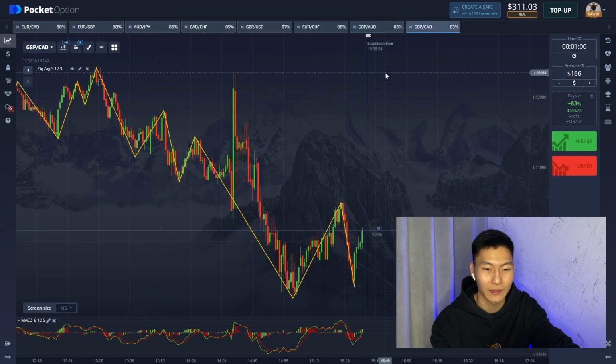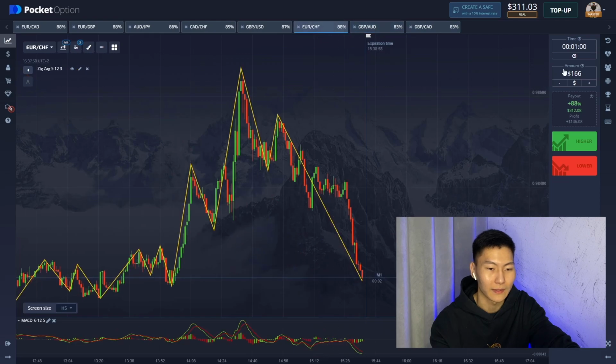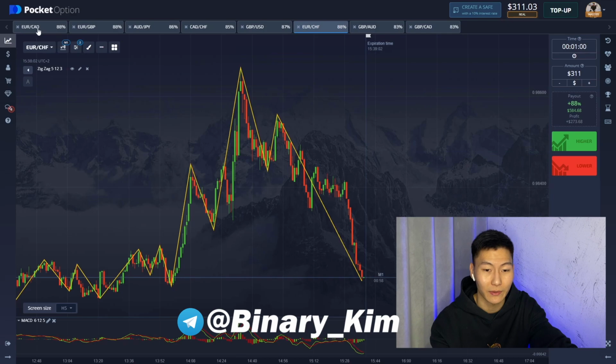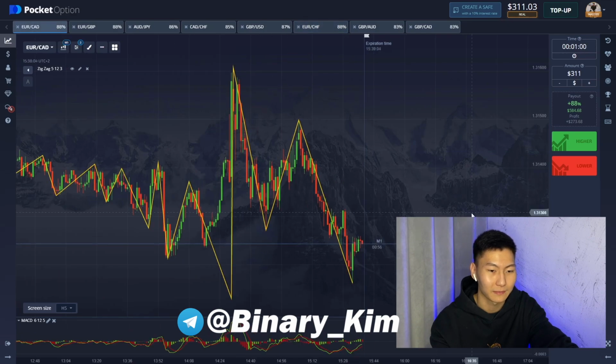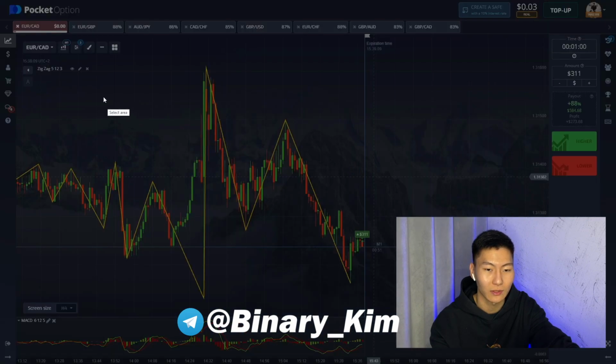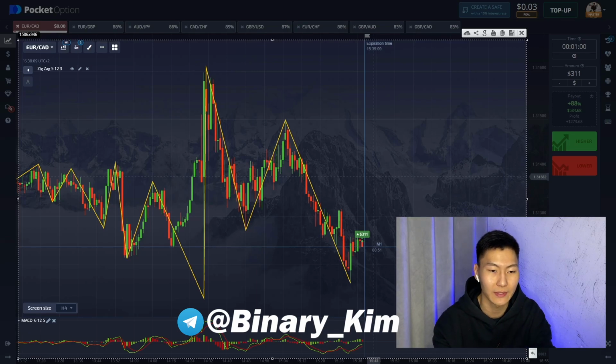Let's continue our trading session, change the currency pair, and find the best trade entry for us, guys. By the way, let's update the trade amount and let's analyze. Here we should open a long position. Let me explain the principle of trade entry. You can already see the positive dynamics on the MACD.